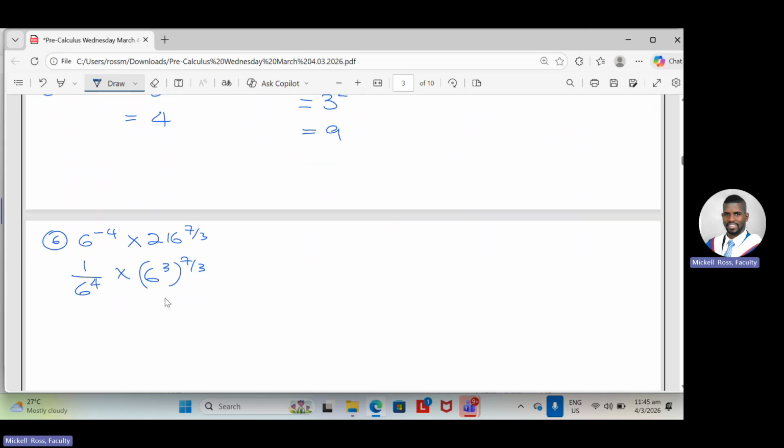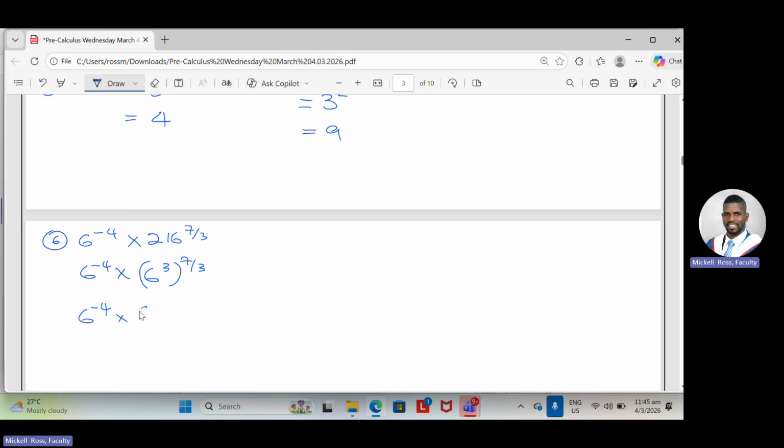The 3's will cancel, so we're going to get 1/6 to the 4th times 6 to the 7th. We can leave it as 1/6 to the 4th, but it can be easily simplified this way as well.